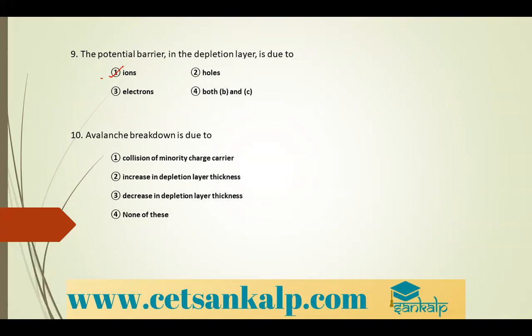Avalanche breakdown is due to collision of minority charge carriers. At high reverse voltage, the minority charge carriers acquire very high velocities. These, by collision, break down the covalent bonds, generating more carriers.